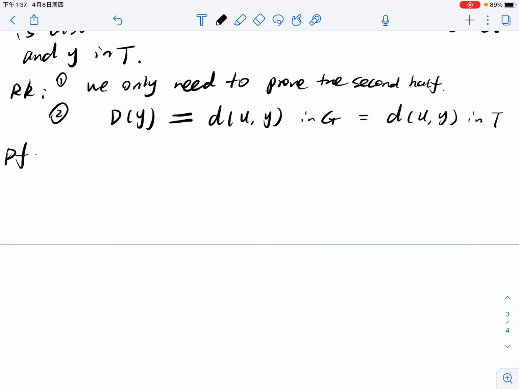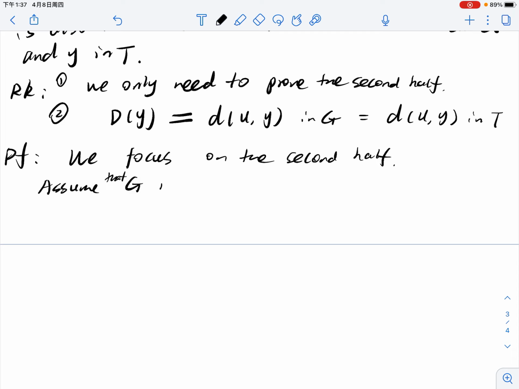Okay, next we are going to prove the second half. So we focus on the second half. So assume that G is connected, hence at the end T is a spanning tree.